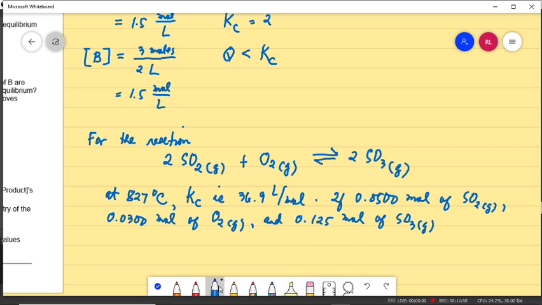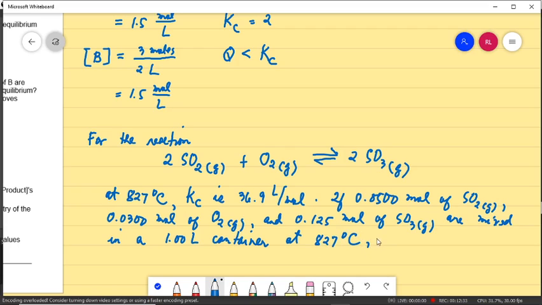Okay. So say for example you mix this in a 1 liter container, like for example a flask, at 827 degrees Celsius.